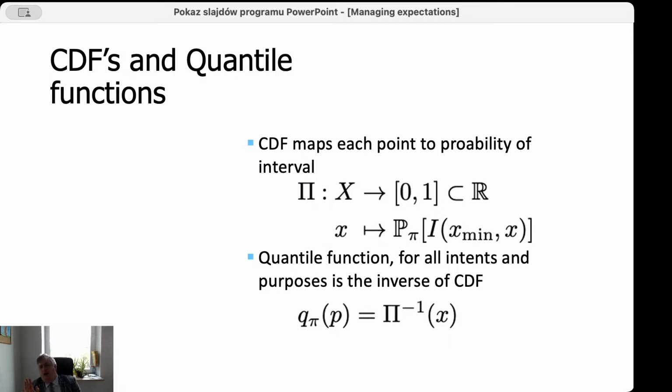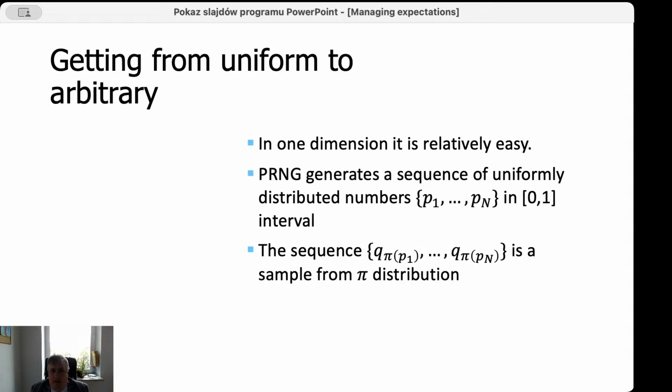It's an invertible function, at least in a reasonable sense. And the inversion of this function, the function that assigns x to a given probability, is called a quantile function, which, as I said, is an inverse of the CDF.